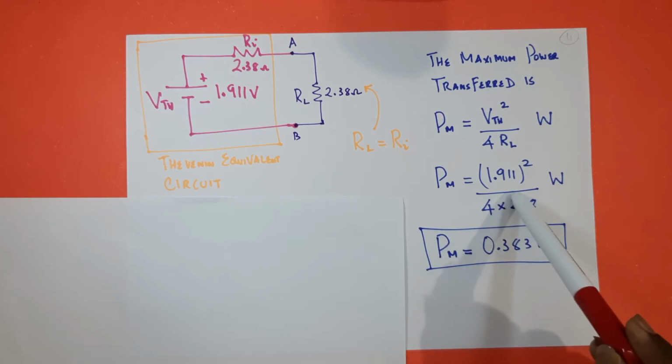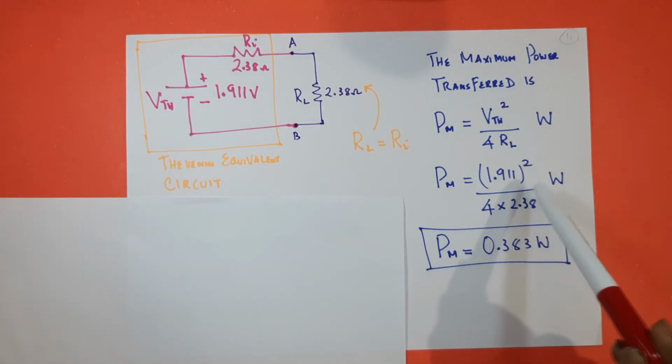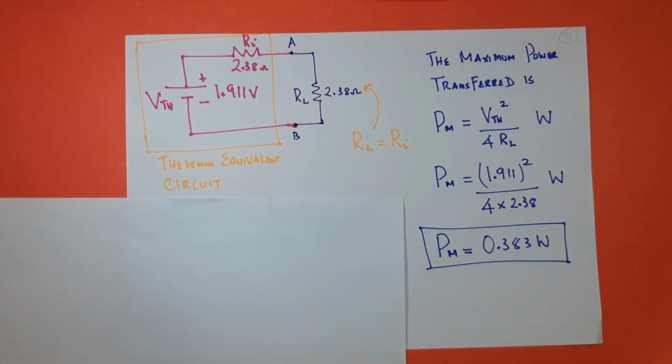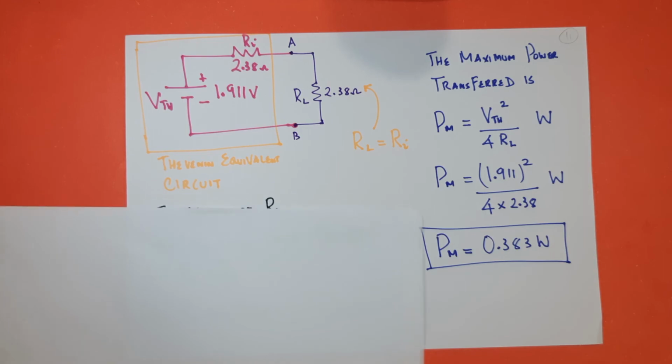Pm equal to V Thevenin, 1.911 whole square divided by 4 into RL, 2.38 watts. So if you do the calculation, you will get Pm, the maximum power transferred to the load from the source, is nothing but 0.383 watts.